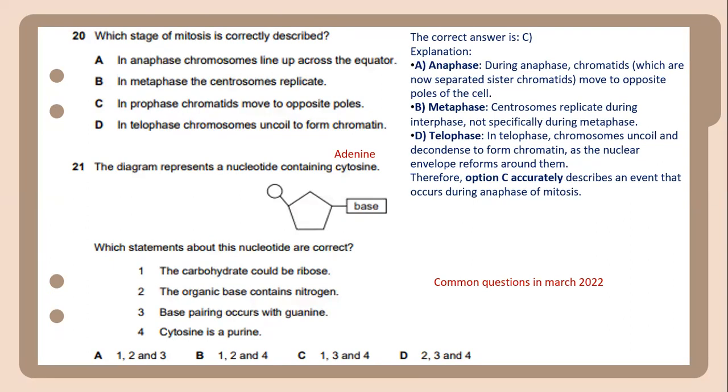Metaphase is not the phase where centrosomes replicate; they replicate during interphase. And in telophase, chromosomes uncoil and decondense to form chromatin as the nuclear envelope forms around them. Therefore, answer C accurately describes an event that occurs during anaphase of mitosis.